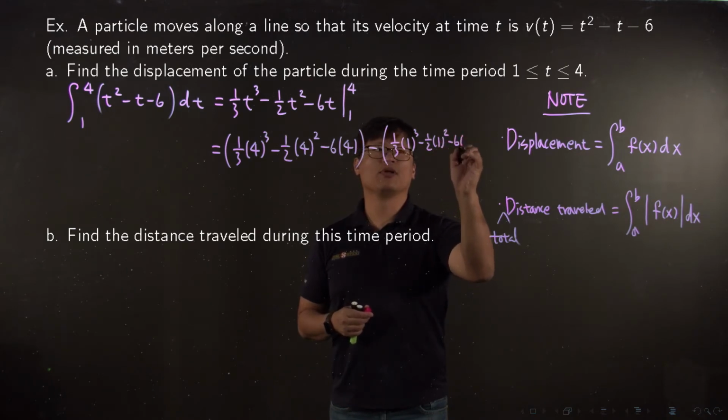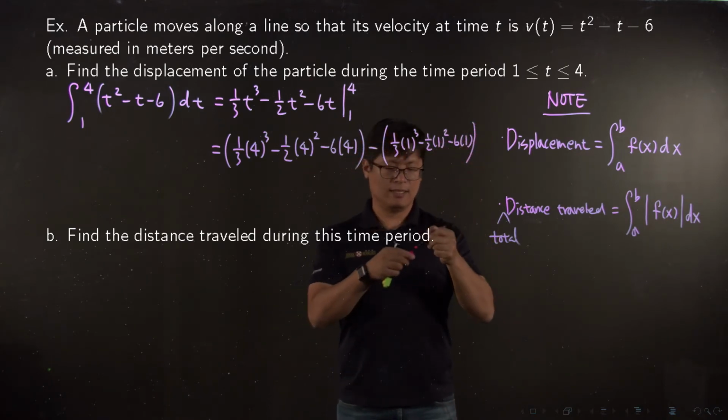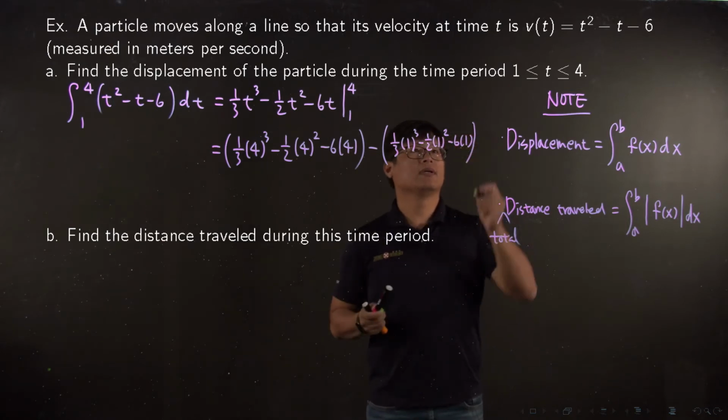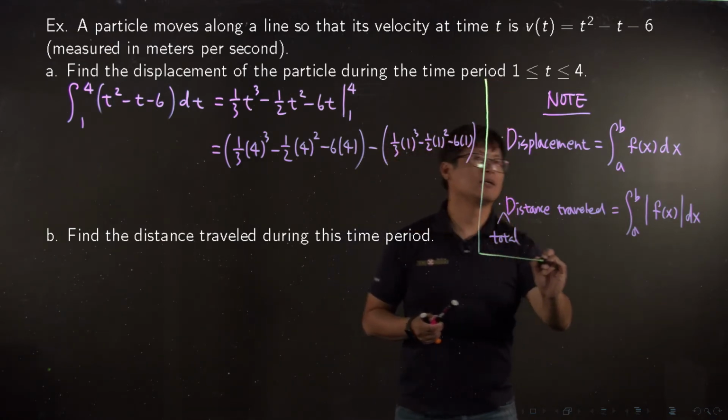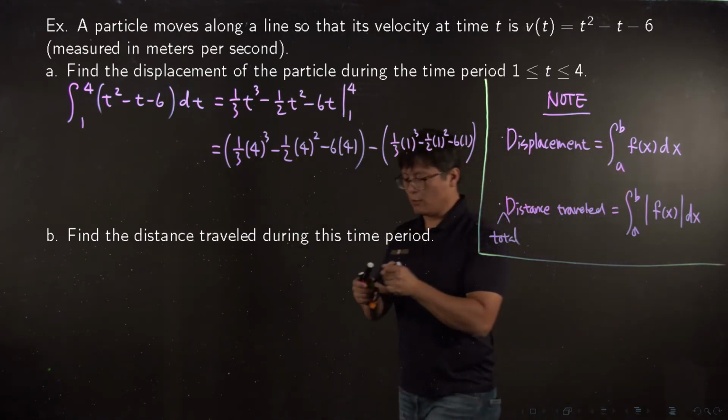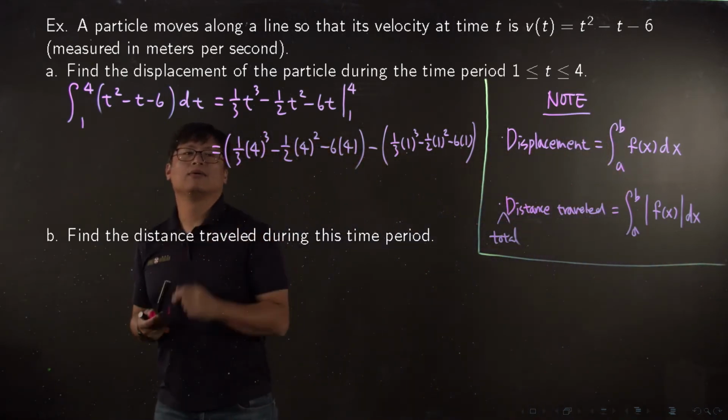Let me make it smaller a little bit. That's it. And then let me block this guy on the side, okay? So are you with me so far? Then now, here we go.